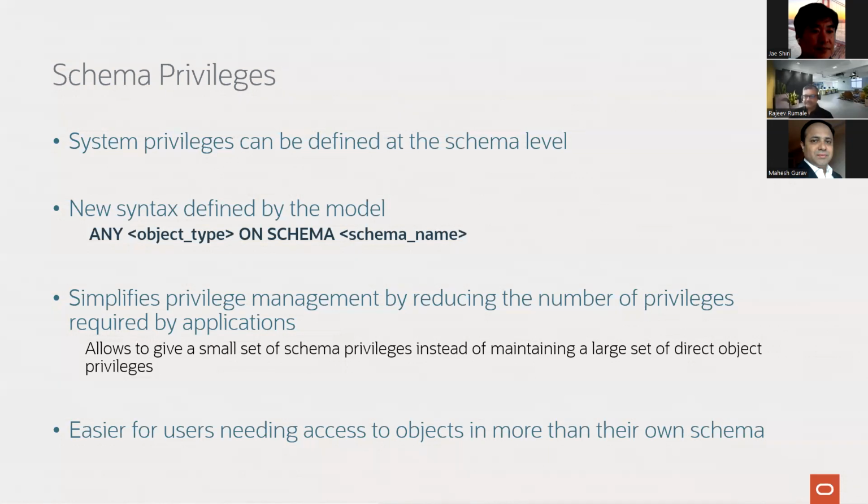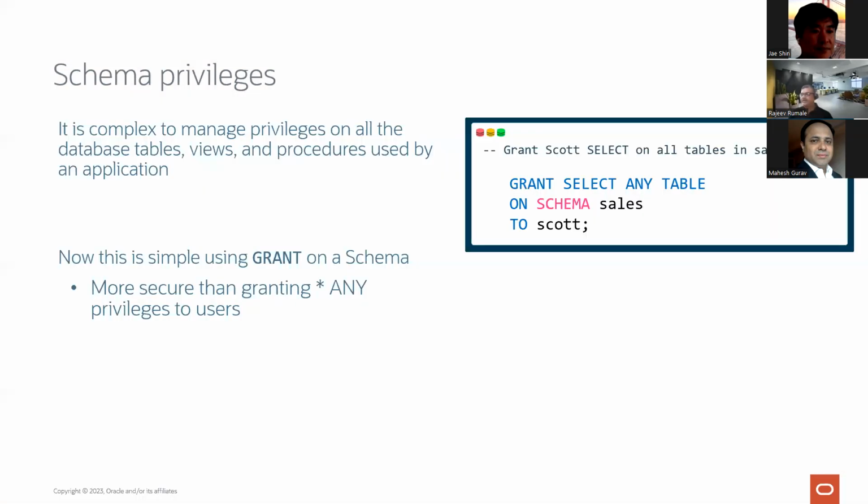So generally in a development environment, it is much easier to give a system privilege like SELECT ANY TABLE. But when you give SELECT ANY TABLE, it is like a system-wide grant, right? That means he or she can access any table in the database, which may not serve our purpose, right? We may want to give access specific to a schema, specific tables, right?